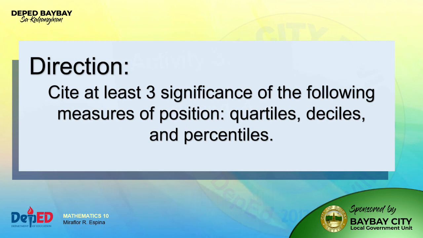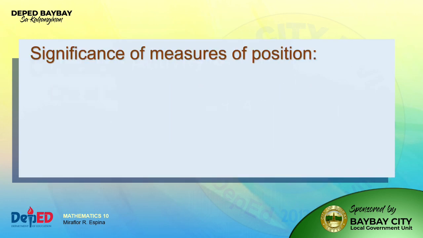Now, I am going to show you some of the known significance of the concept of measures of position. If your answers are not the same as the ones flashed on screen, don't worry. Continue writing and include that in your answer sheets for your teacher to check and verify.